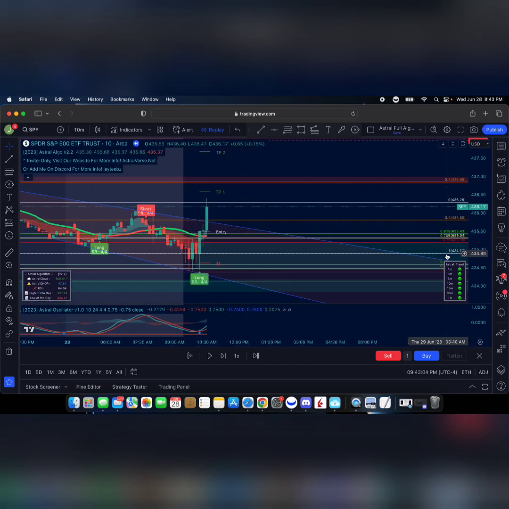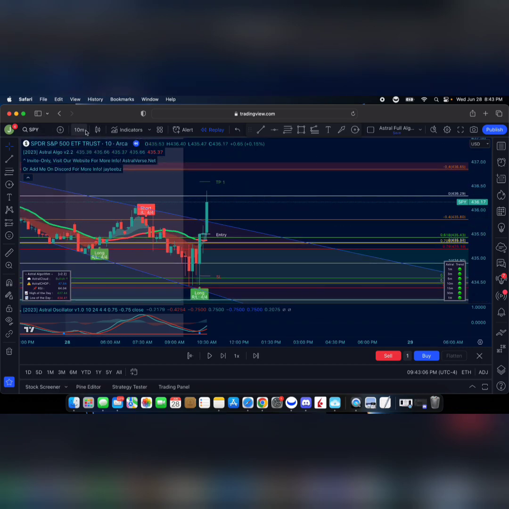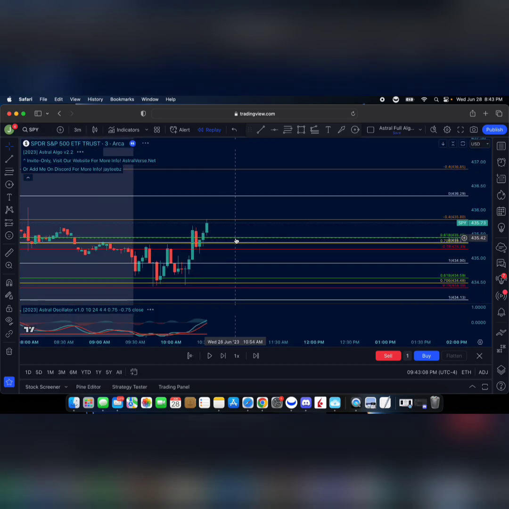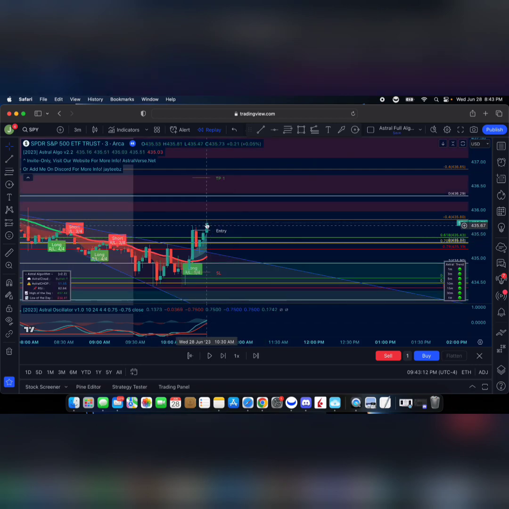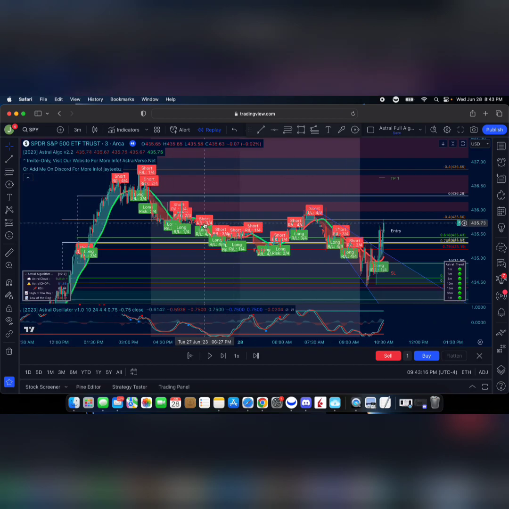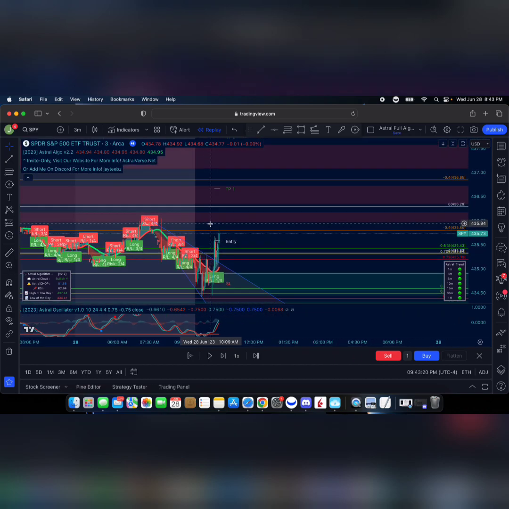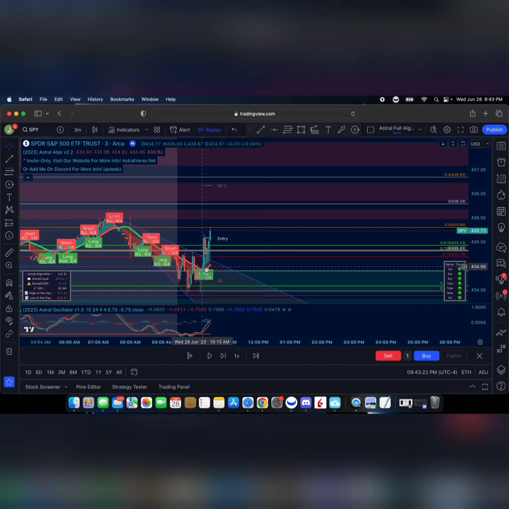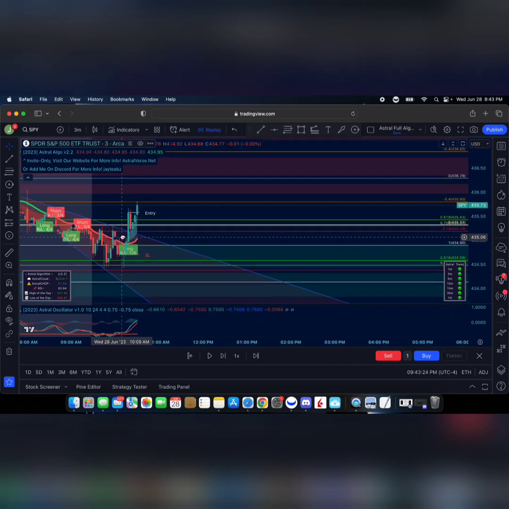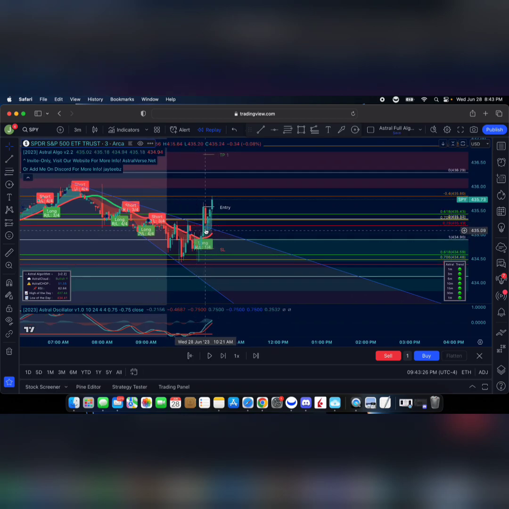That's a perfect entry. If it was 3 minutes, I usually play 3 minutes. Yeah, entry level right here. Because before the day, right here, this big move, you got your entry. Even if you got it over here, it crossed over the Astral MA. It retraced down, get your calls, and it went up.